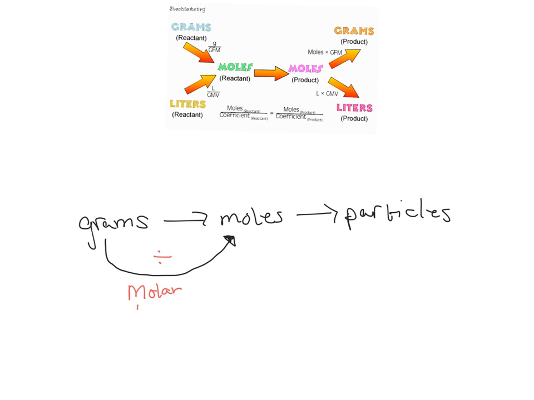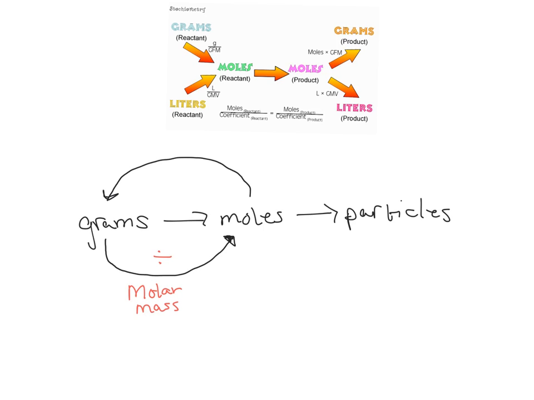You might also hear formula mass as another term. Same thing for our purposes. So we divide our grams by molar mass to convert to moles. What if I had moles and wanted to know how many grams that is?